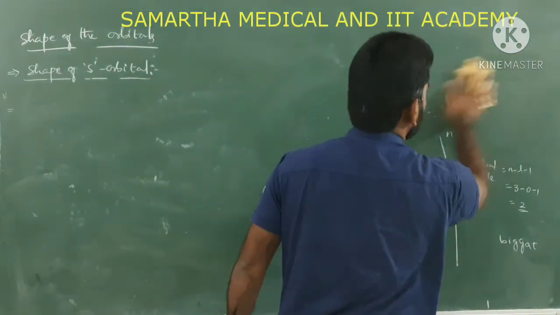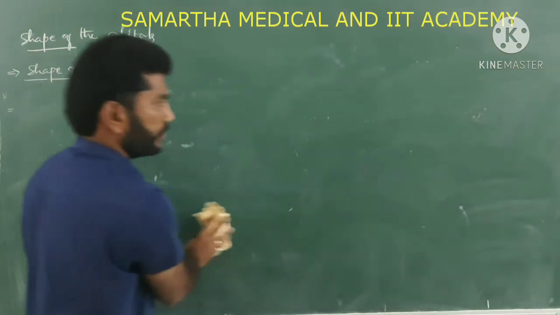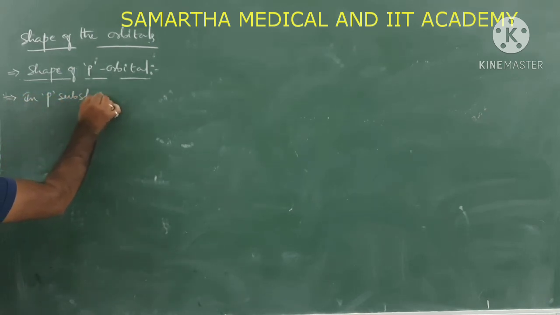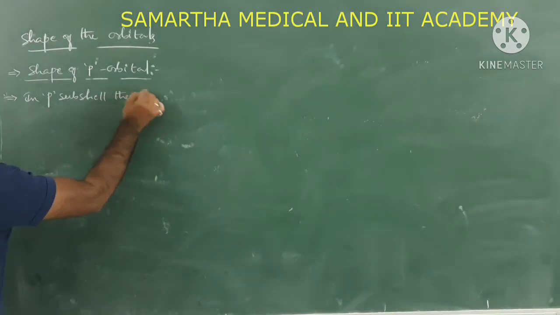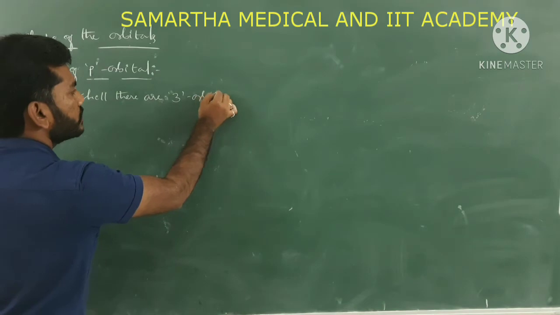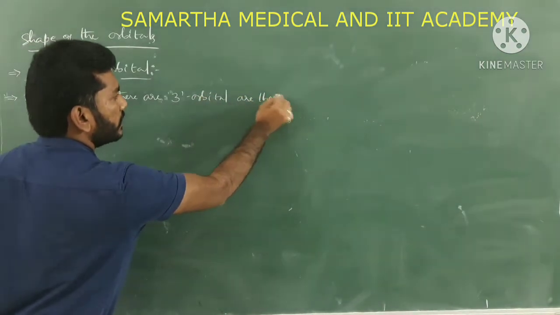Very important. So guys, in the p subshell there are 3 orbitals.